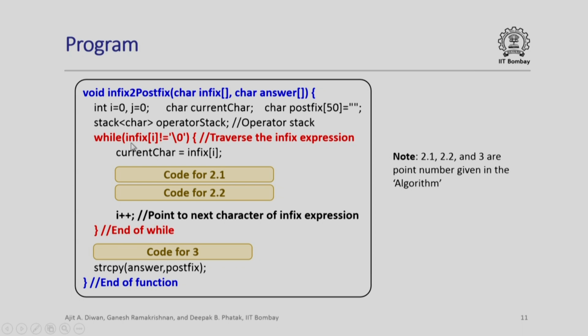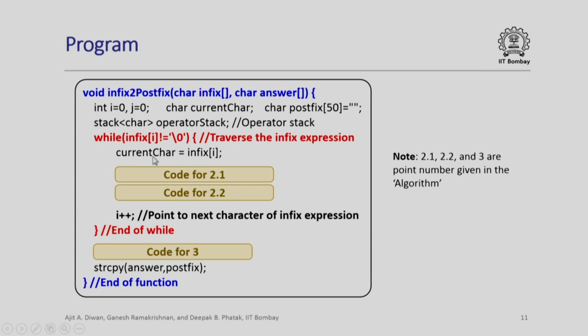Now I start my procedure, which is I look at the infix string character by character, and as long as the character is not \0, that means as long as there is a character in the infix string, I will examine that character and act accordingly. So this is what we mean by traversing the infix expression. We put the ith character into the current char, and this current char will now have to be handled.